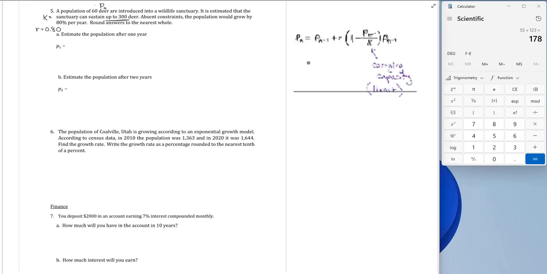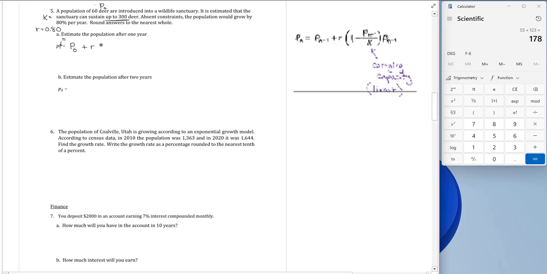My equation didn't copy over very well, but in order to find P sub 1, I'm going to need to find on the right-hand side P sub n minus 1. Well, since n is 1, that's going to be 1 minus 1 or P sub 0. So again, it's recursive, so we find the prior year.